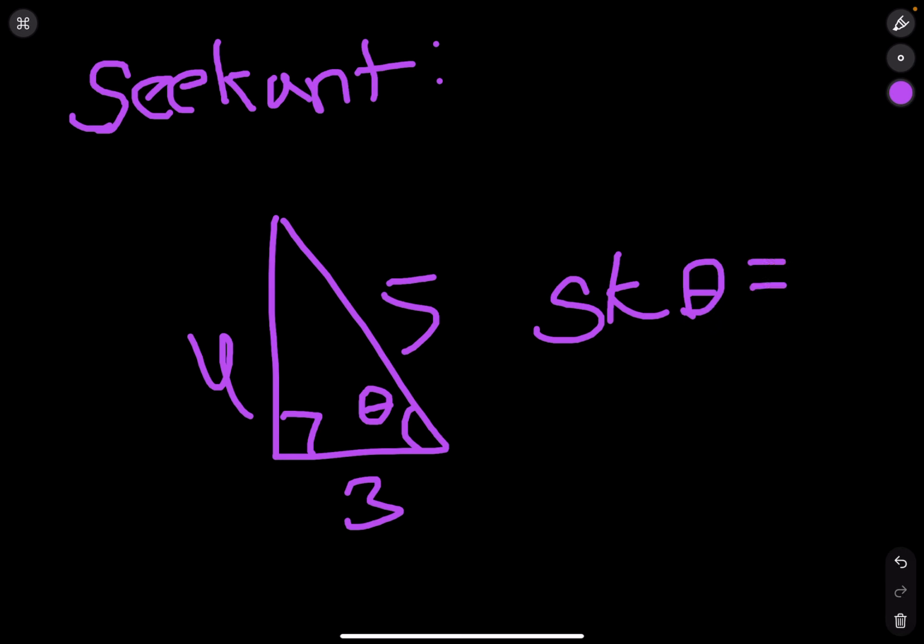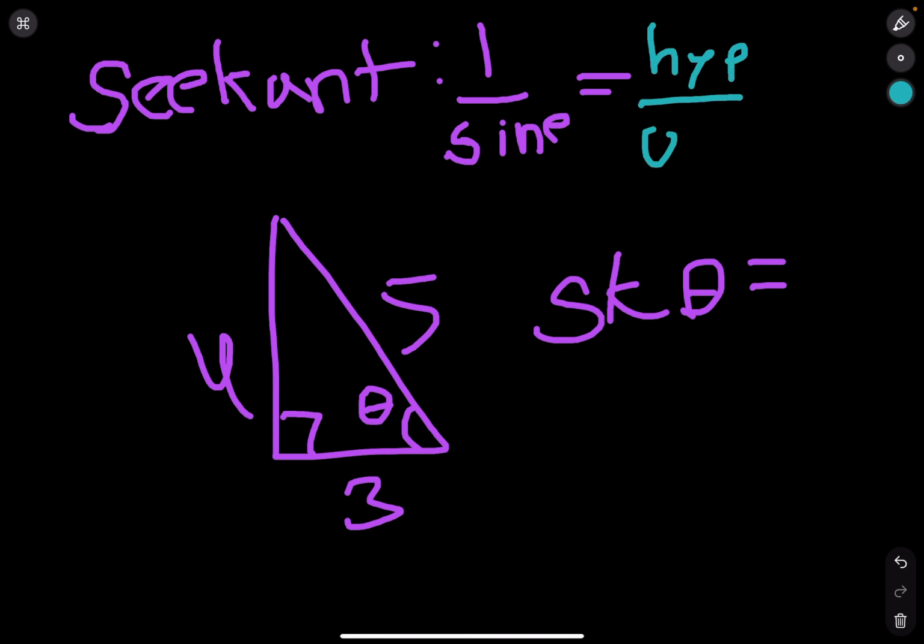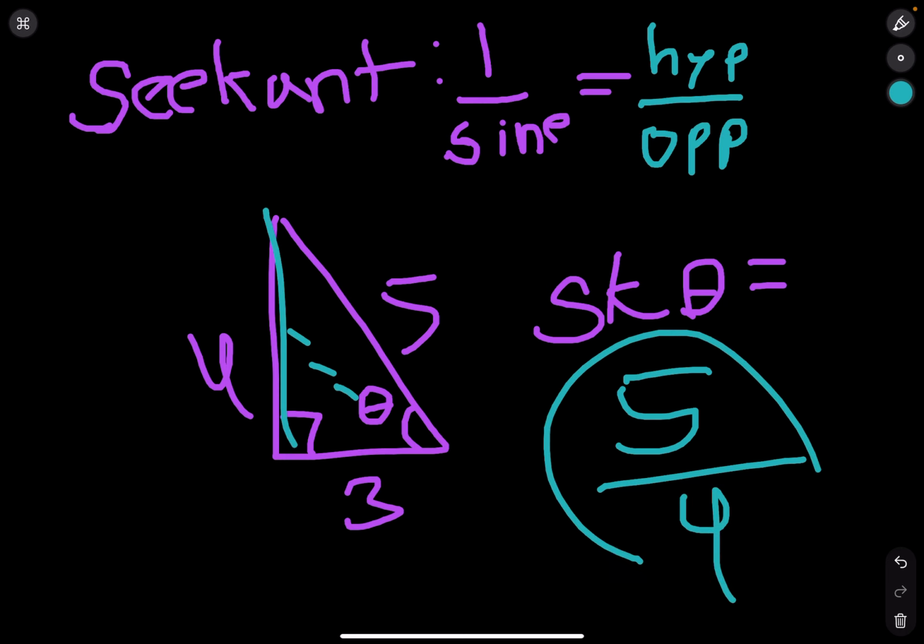So, we know that sine is opposite over hypotenuse, and this is equivalent to 1 over sine, which then equals the reciprocal of sine, which is just hypotenuse over opposite. So, let's find the hypotenuse. It's 5 over opposite. 1, 2, 3, 4. Answer is 5/3. So not 5/3, 5/4. Let's continue.